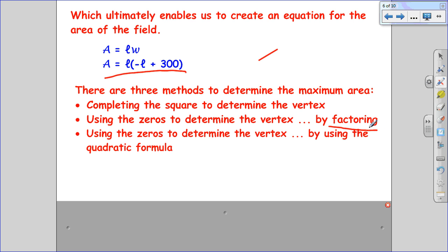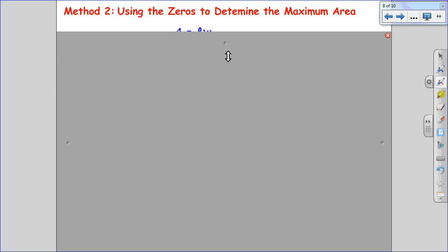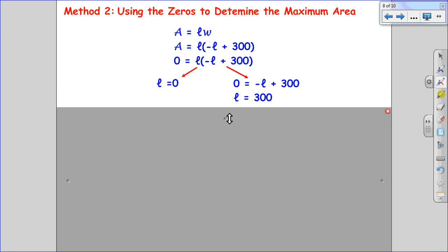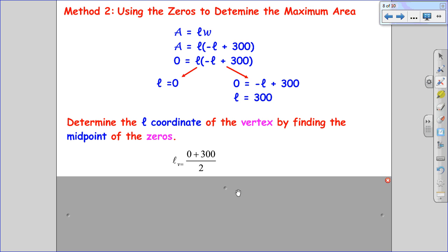If I use factored form to find my zeros, if I look at this, this is already factored. So if I set my area equal to 0, that's going to make life a lot easier. I have 2 zeros, L equals 0, and negative L plus 300, and I solve that for L is 300. To find the L coordinate of the vertex, I add them up and divide by 2.